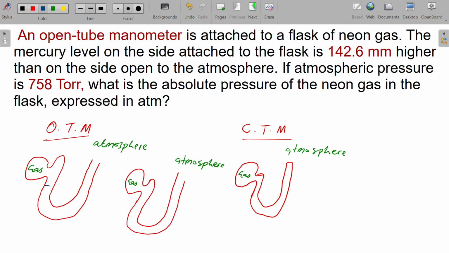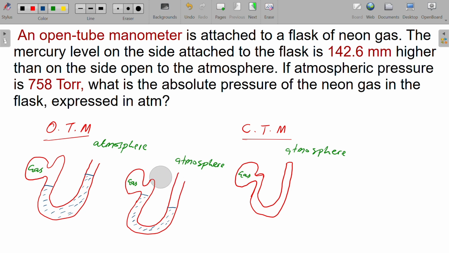So let's say we have this situation where the mercury is filled like that up to that state there. And then we have another one here that is in this format.